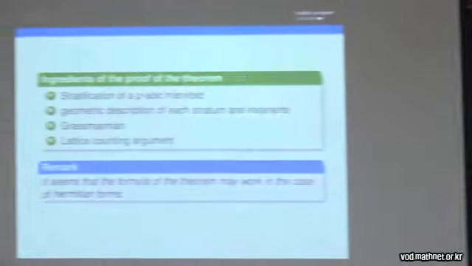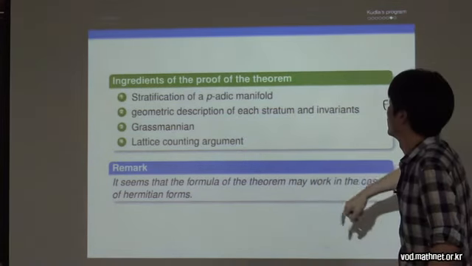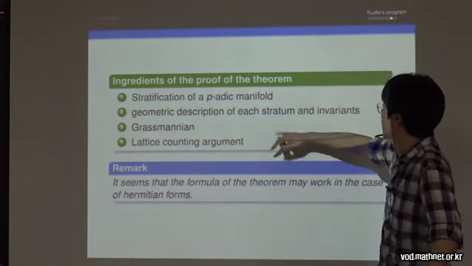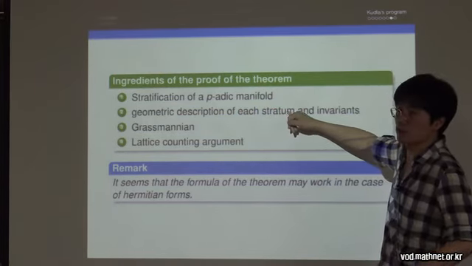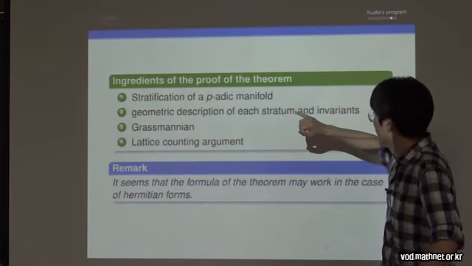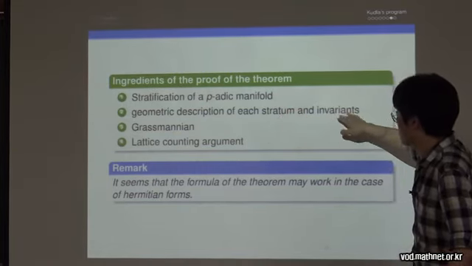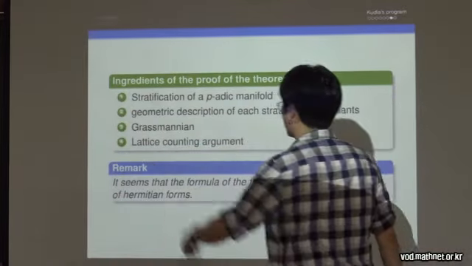This is the ingredient used in the proof of this theorem: stratification of the p-adic manifold, where each stratum is smooth and defined over O, so that we could conceptually analyze it in terms of a few invariants, and it also involves Grassmannians and lattice counting arguments.